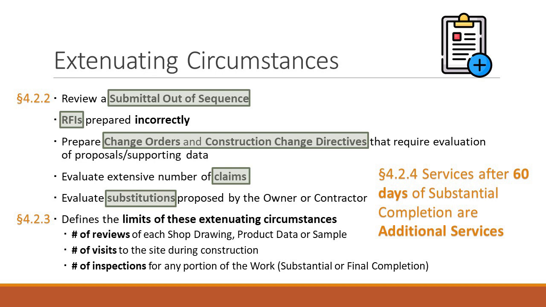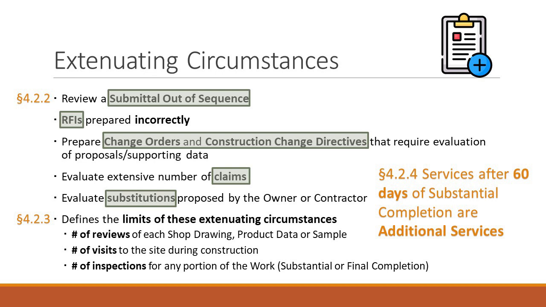But let's say between substantial completion and final completion, it takes forever for the contractor to finish out the punch list. If it's more than 60 days, you get to be paid for those as additional services. So this gives you more chances to get paid for your work. You shouldn't have a project that takes more than 60 days to punch out, but sometimes it does, and you should be paid for that work.